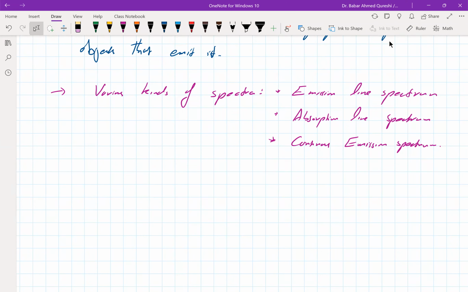So what we learned is how these are produced, which we discussed in Kirchhoff's laws.